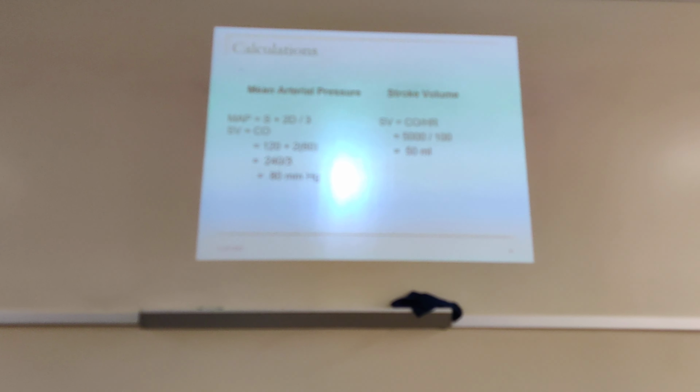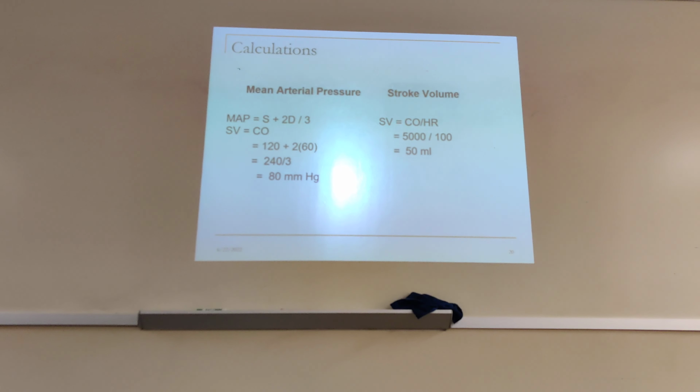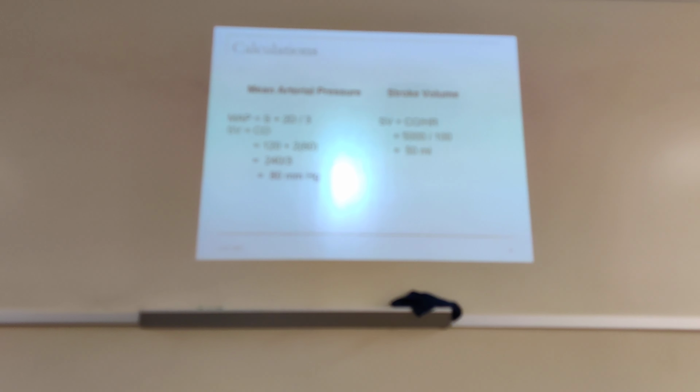So to calculate that, always write down your formula, and then 120 plus 2 times 60. You add those two together, that will make it 240, and then you divide by 3. So that will give me 80. So my MAP is 80, which is an acceptable range of MAP. Normal MAP is 93.